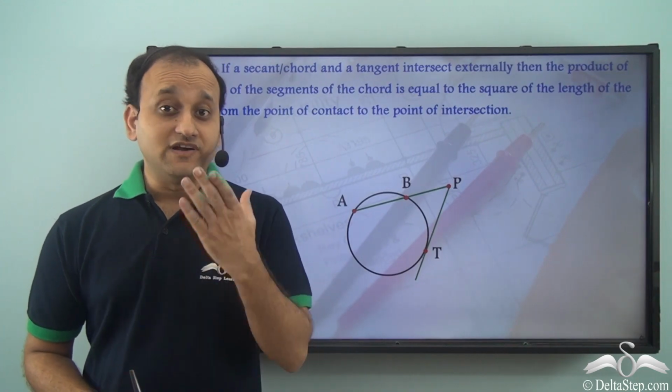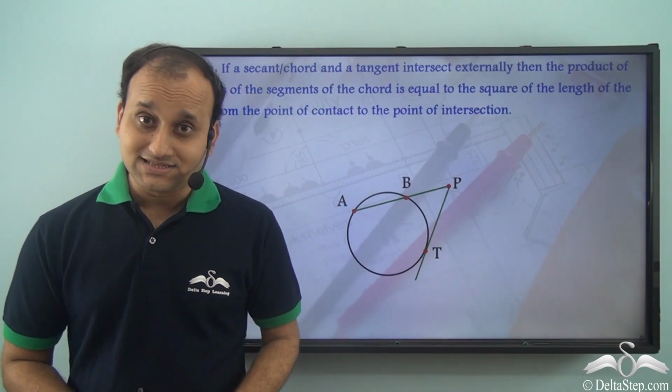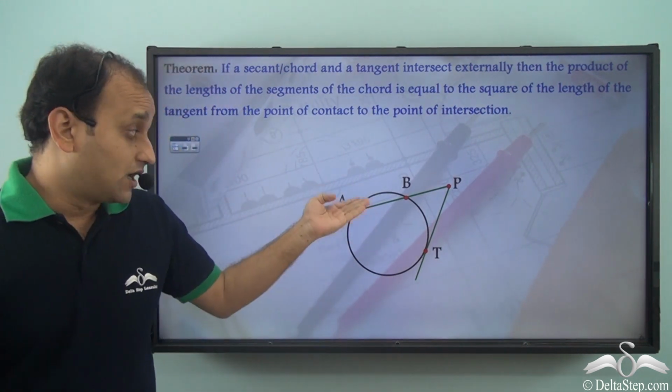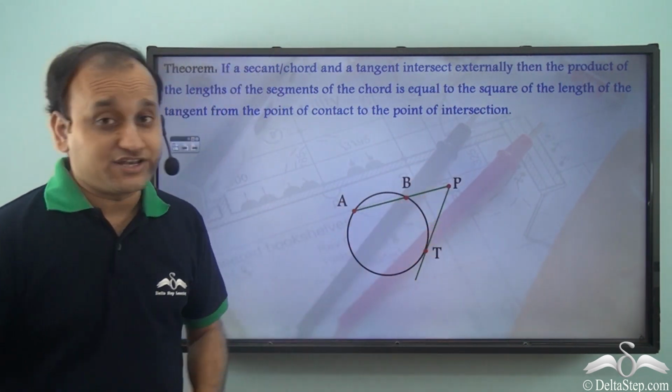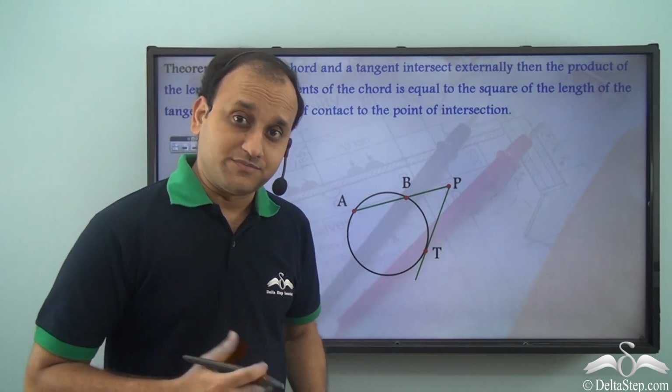In this lecture, we will discuss a theorem of circles which involves a chord or a secant and a tangent. So, what does the theorem state?